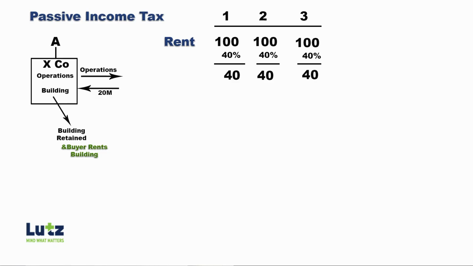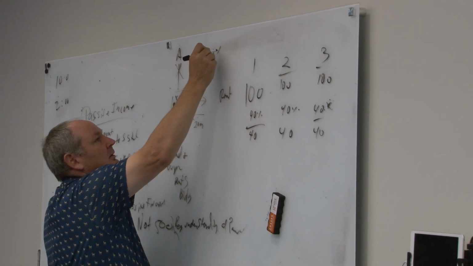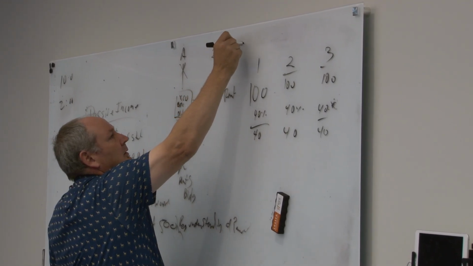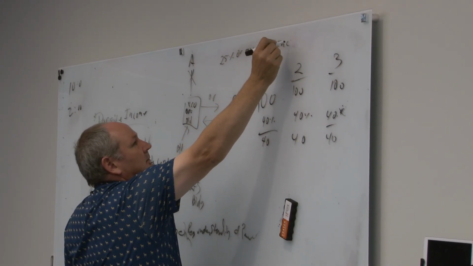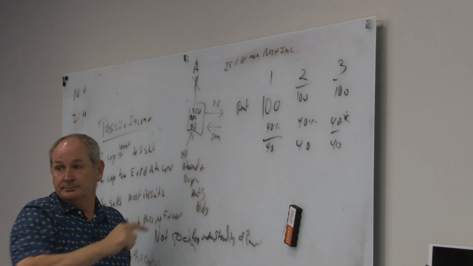And the measurement, and I should have said this, which is an error: if 25% or more is passive income, then you have this problem.